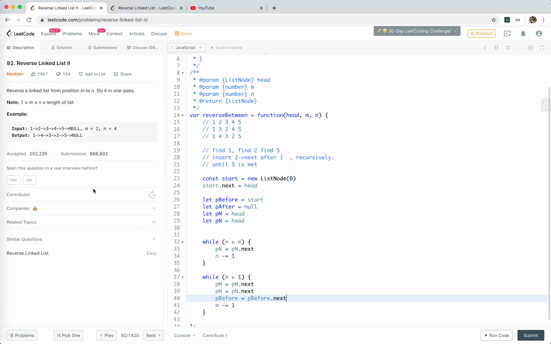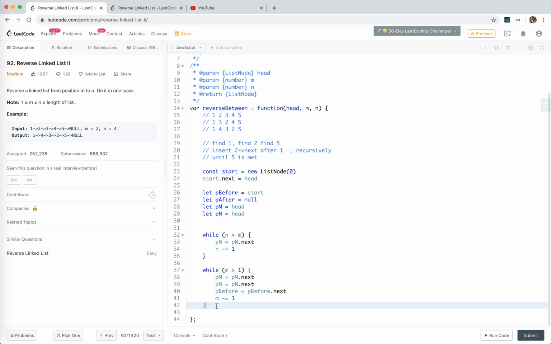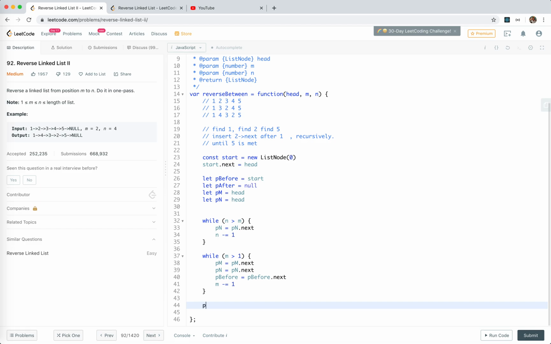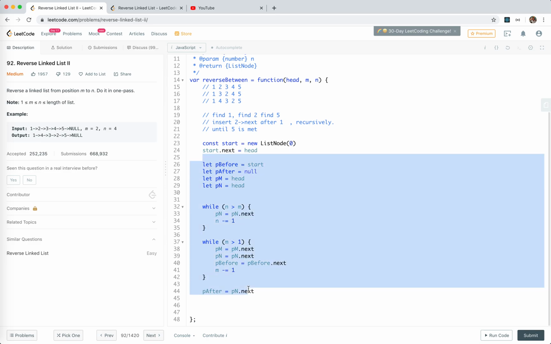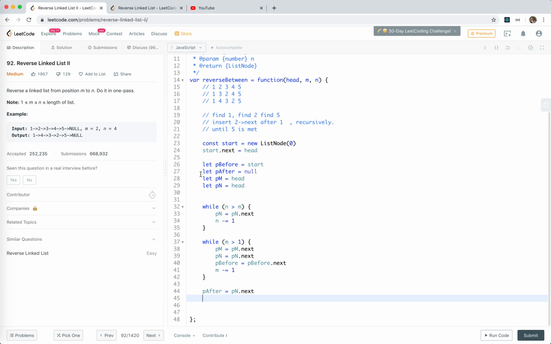If m is 2, yeah, so everything's good now. So P after equals Pn's next. So everything is done. Every pointer is set to the right position.